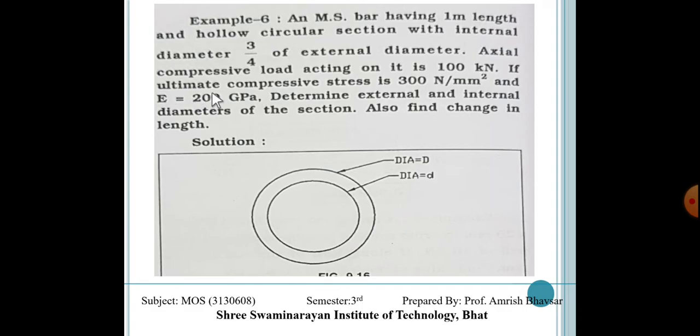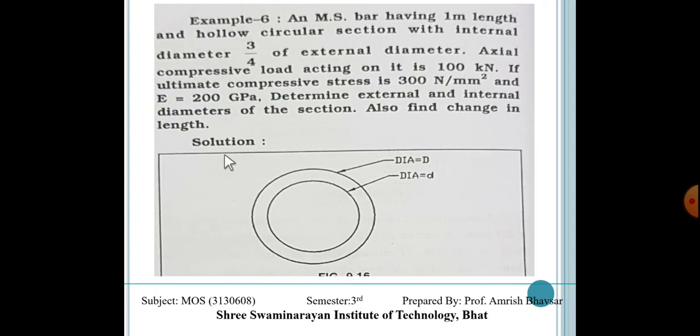The ultimate compressive stress is 300 Newton per mm square and E is equal to 200 GPa. Determine the external and internal diameter of the section. Also find the change in length, meaning delta L.